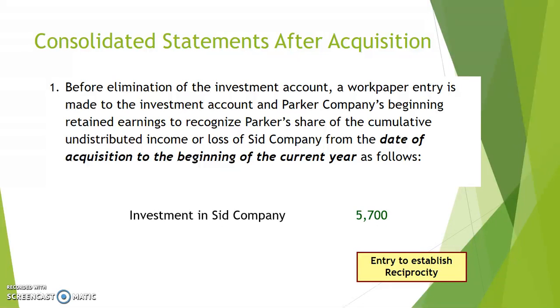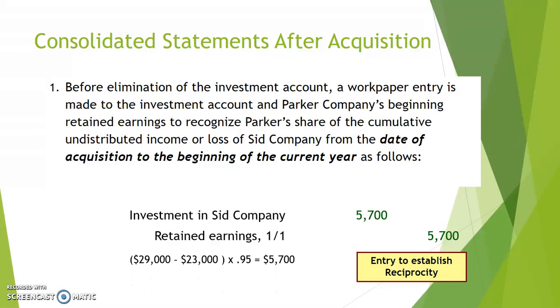So we would debit the investment in said company with $5,700 and credit the beginning retained earnings of the parent company with the $5,700. That $5,700 is computed by taking the retained earnings of SID of $29,000, subtracting $23,000, which was the retained earnings at the date of acquisition.